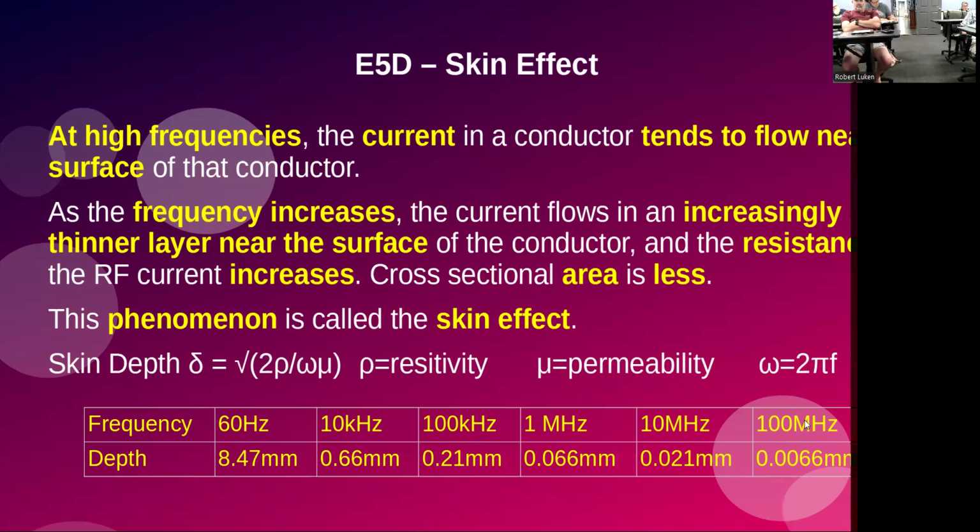As you get up to 100 megahertz, you're only getting what, 6/6,000ths of a millimeter. That's pretty small, so it's really just on the surface. And as you get even higher, it gets even less.